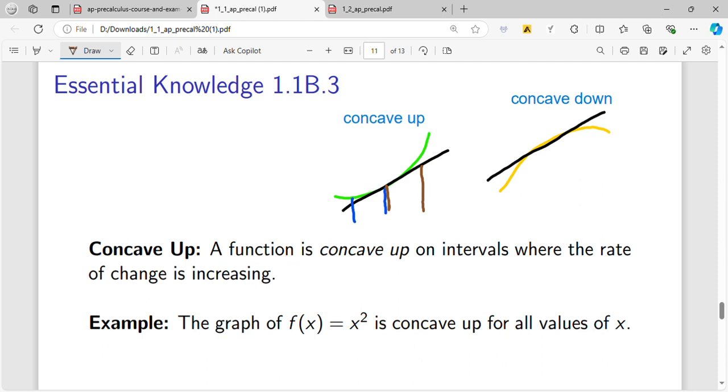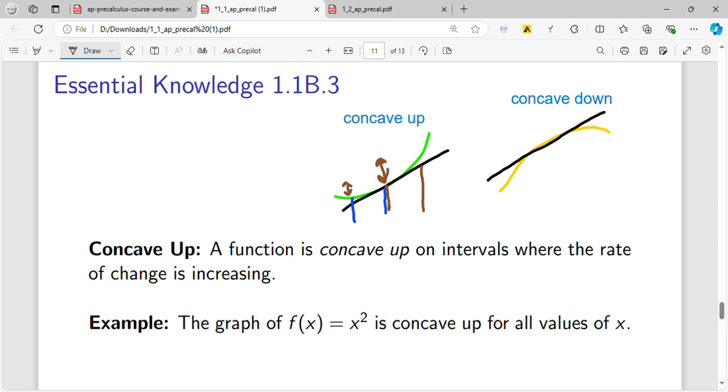For example, in the blue case, the function only increased by this small arrow, but for the brown case, the function increased by a lot more. So which means that the rate of change is increasing in the case of concave up functions.